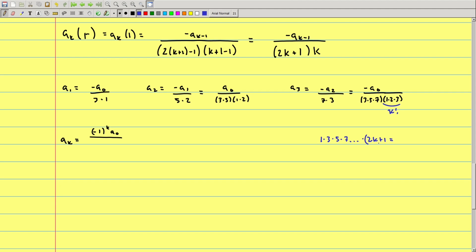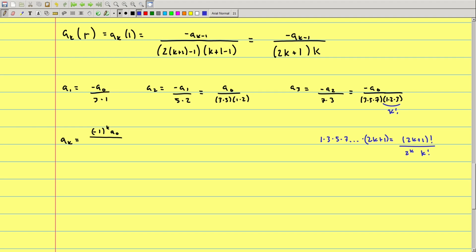The product of the first 2k plus 1 odd numbers looks like 2k plus 1 factorial over 2 to the k factorial.